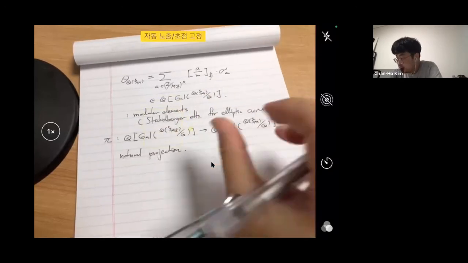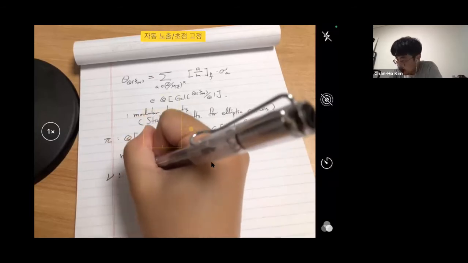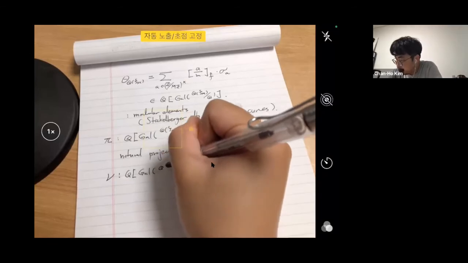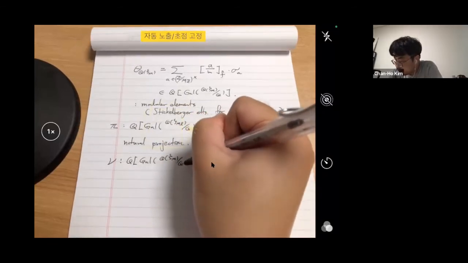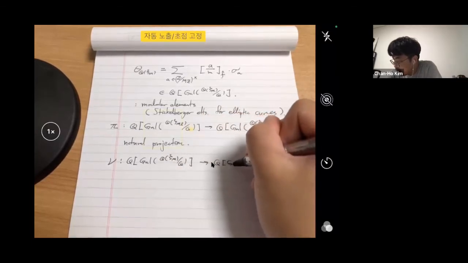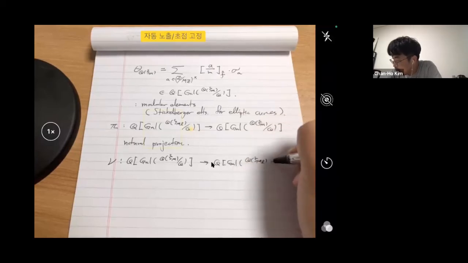And in the converse direction, we have another map nu. In the source we have Q(zeta_M), but in the target we have the bigger extension, Q(zeta_{ML})/Q.